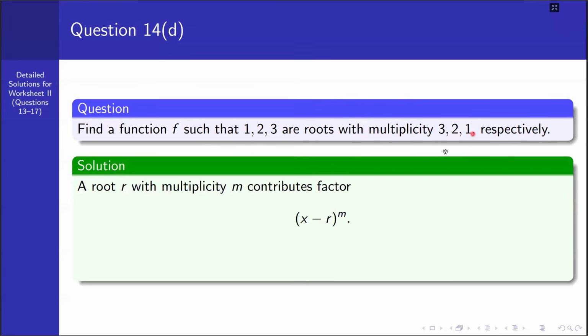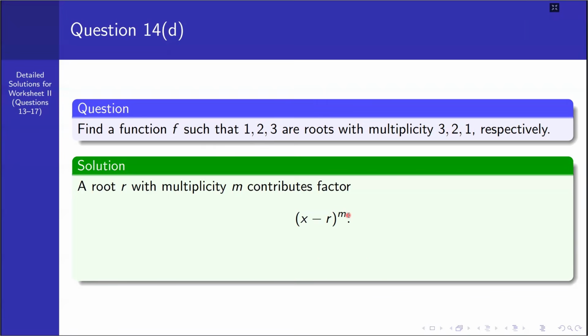Root with multiplicity means a root r with multiplicity m contributes a factor, that means the factor for the given polynomial function is x minus r to the power of m. Or if x minus r to the power of m is a factor of a certain polynomial function, then this real number r is said to be a root of the given polynomial function with multiplicity m, when m is any positive integer.